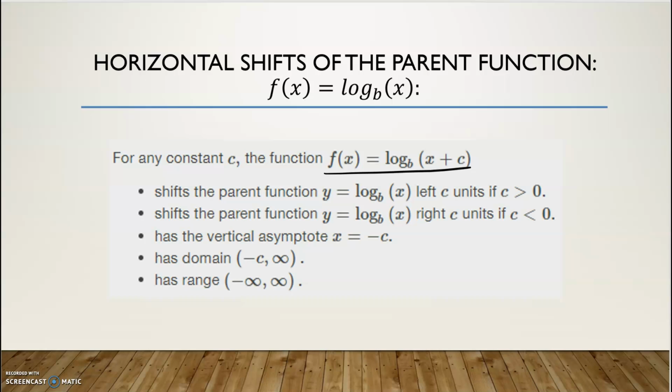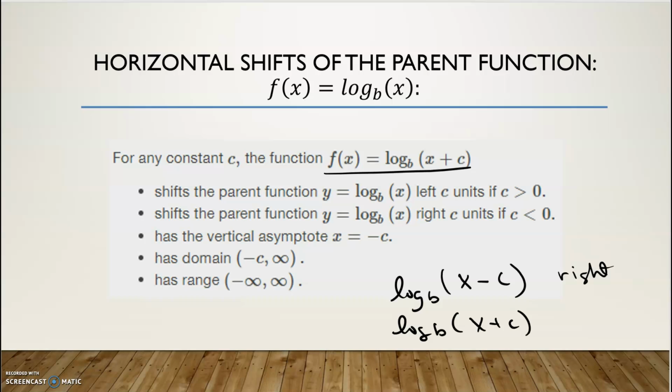Okay, so if we had log of base b of, say, x minus c, well then what we're doing is we're moving to the right c units. And if we have log of base b x plus c, well then we're moving to the left by c units. Now the asymptote, since it's moving horizontally, well then your graph, if it's like this right here, there's the parent function.